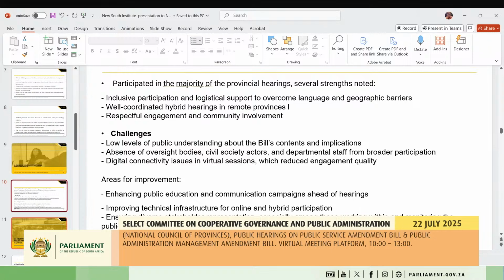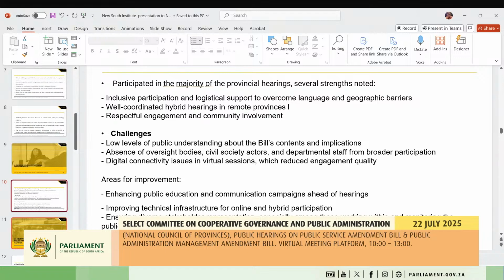There was an absence of oversight bodies, civil society actors, and departmental staff in terms of numbers, so we had mostly general members of communities participating. Their presence would have brought even more strength to the substantive engagements.